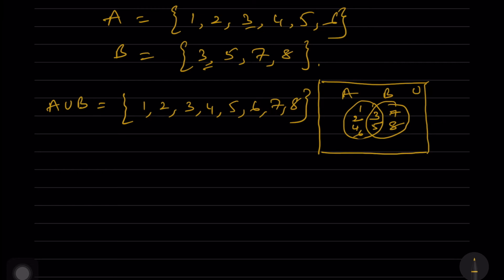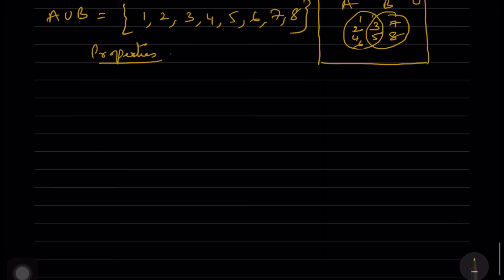Now you can take some properties of union. What are the different properties of union? We'll just see. The first one is A union B is equal to B union A. This is our commutative law.